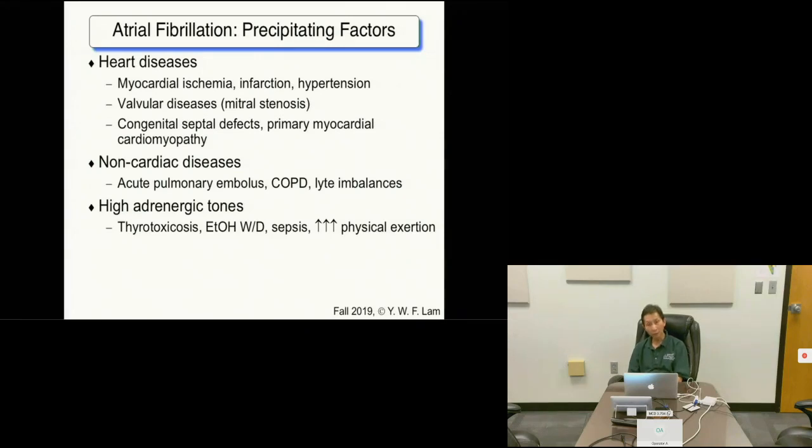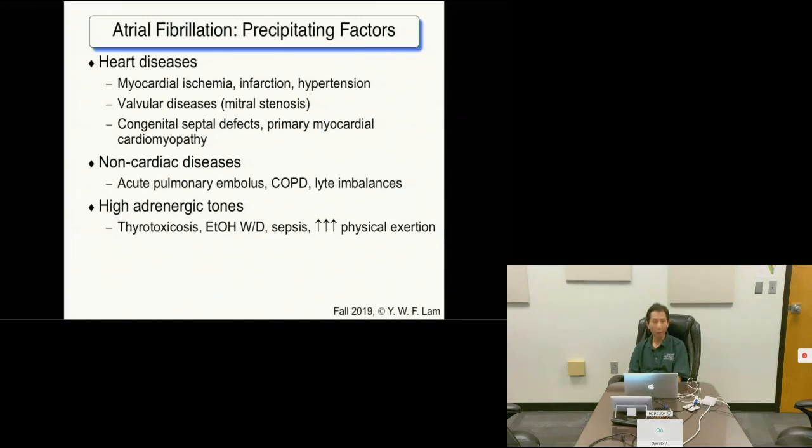Some of the precipitating factors for atrial fibrillation include either cardiogenic or non-cardiogenic etiologies. Anytime you have structural heart disease, including myocardial ischemia, myocardial infarction, hypertension, or cardiomyopathy, those are things that need to be managed.